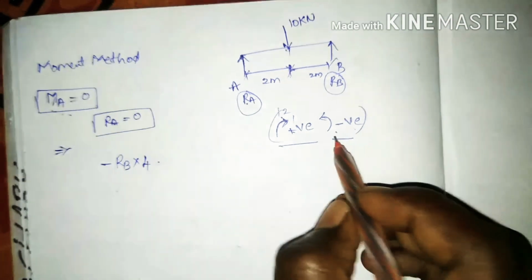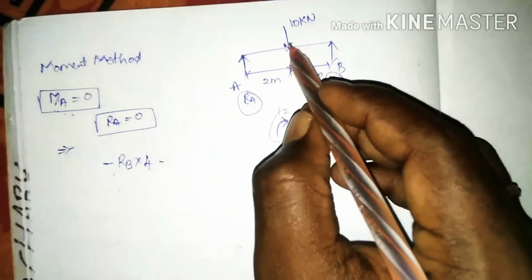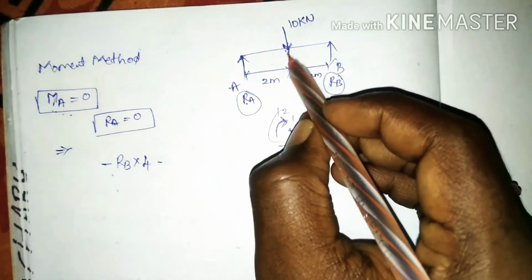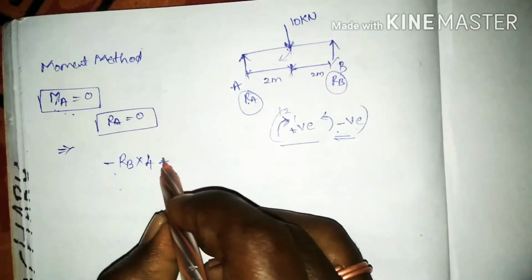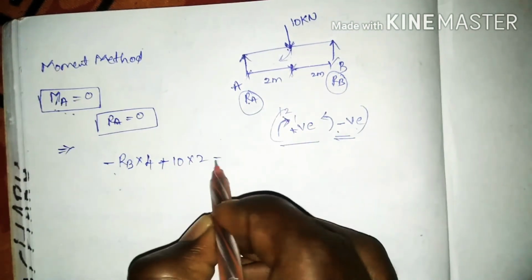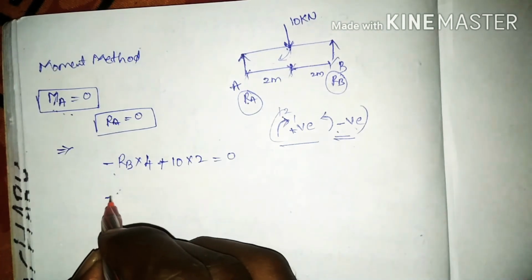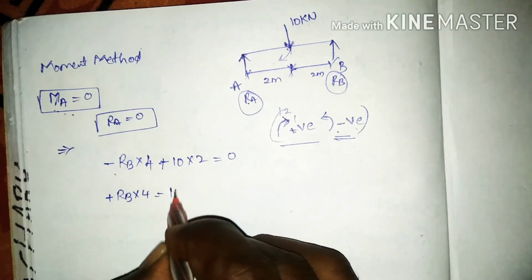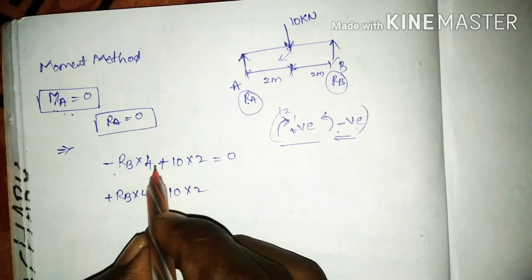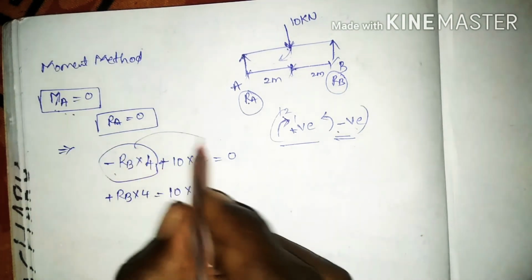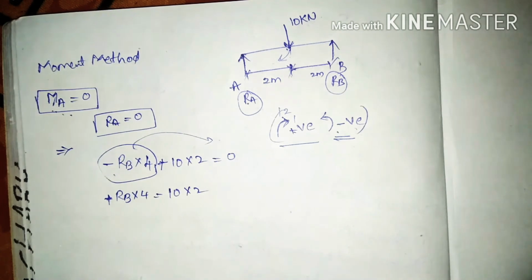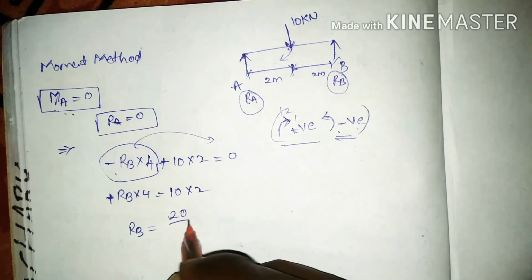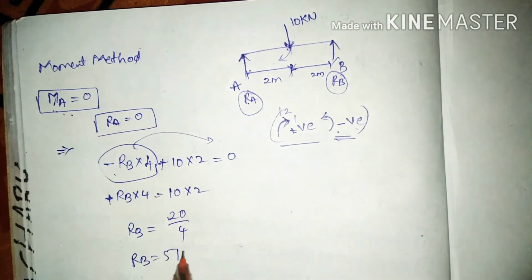The downward 10 kilonewton load acts in the clockwise direction, so positive 10 into 2, equal to 0. Minus RB into 4 plus 10 into 2 equals 0, so RB into 4 is equal to 10 into 2. RB is equal to 20 by 4, so RB is equal to 5 kilonewtons.